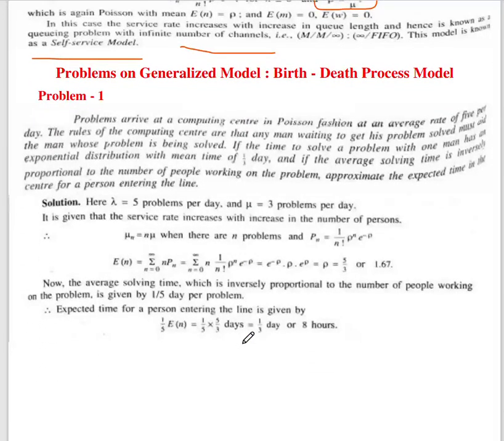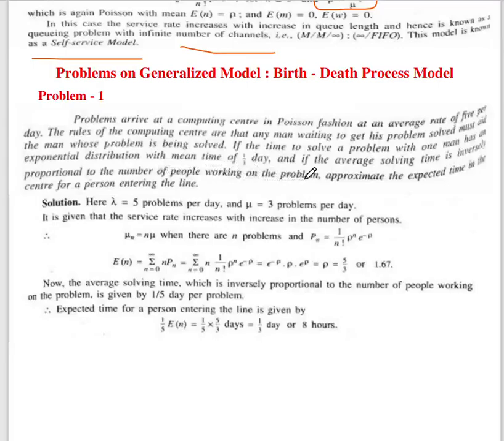What is the example? Problems arrive at a computing center in a Poisson fashion at an average rate of 5 per day. The rule of the computing center is that any man waiting to get his problem solved must oust the man whose problem is being solved.